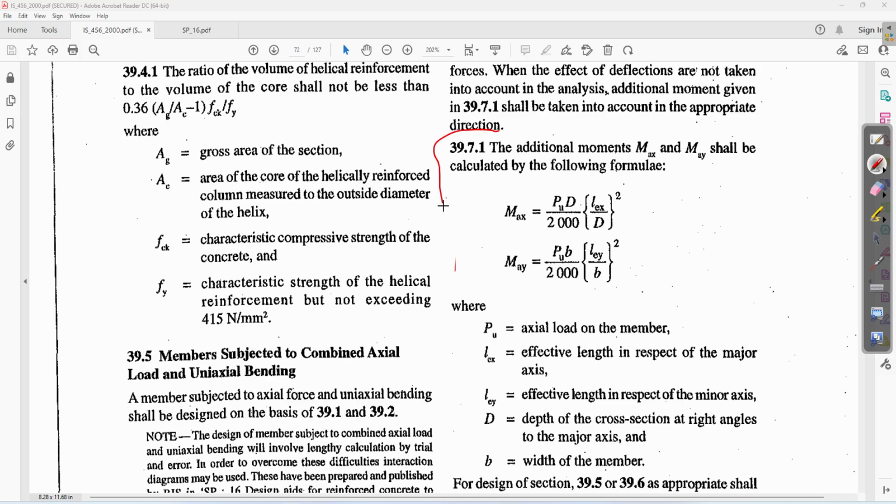So this is the clause for additional moment. Okay. So I will copy the formula.